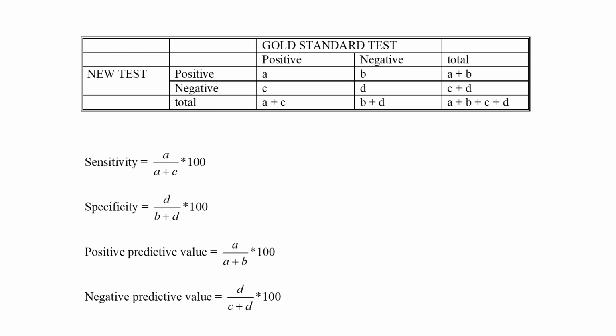If we get a positive result from a screening test, how confident are we that it is a true positive? The negative predictive value means if we get a negative result from the test, how confident are we that it is actually a negative result. That is calculated as a percentage.